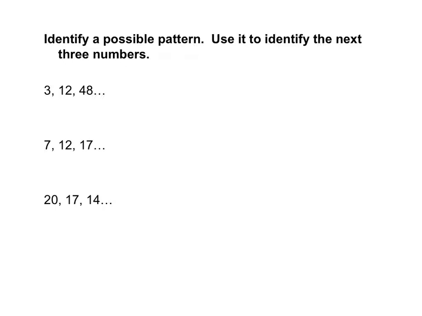So here, we want to look at what's happening to get from our first number to our second number to our third number. So from 3 to 12, we could either say that we are adding 9, but then if we tried that again, that would not work.